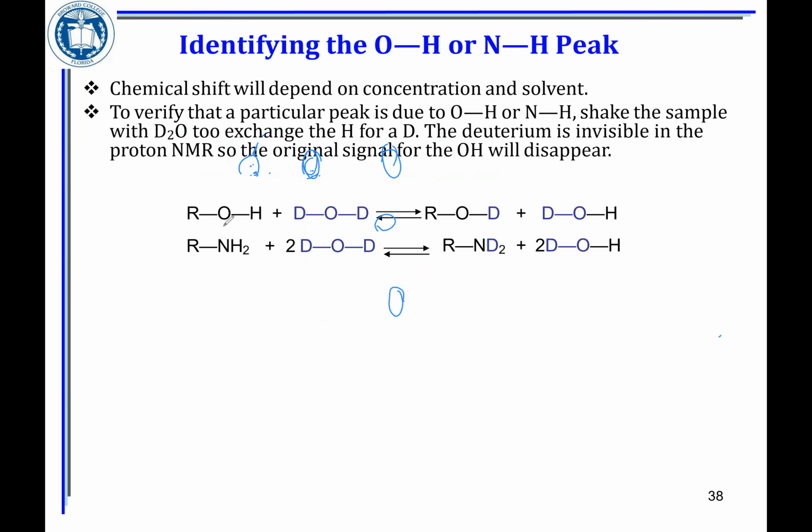The peaks from OH and NH have no fixed position. So we cannot say exactly that it would appear at 2, or at 3, or at 3.5. It can go anywhere from 2 to 5 for the OH, and sometimes for NH anywhere between 3 and 7.